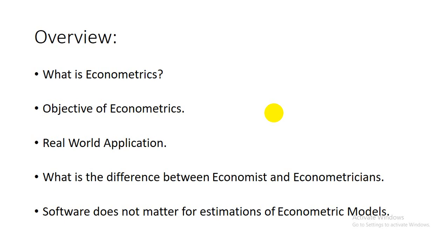It is also important to understand the difference between an economist and an econometrician, because in this world most economists think that they are doing the same work that an econometrician can do.